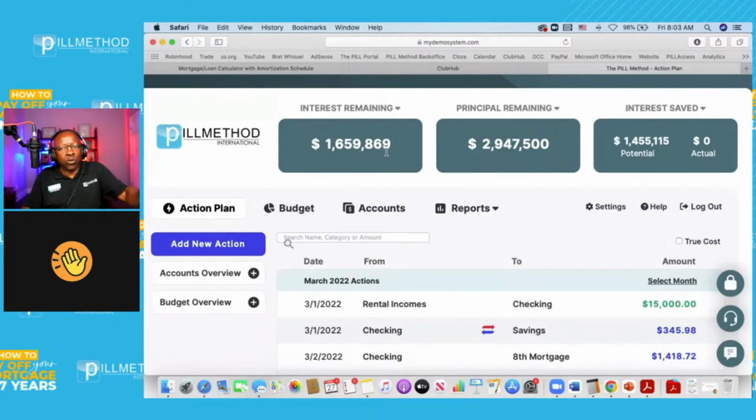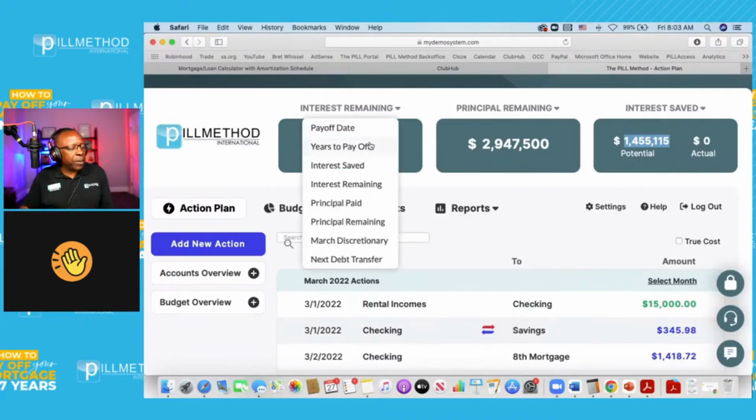That's how much interest we're going to pay with this program. But here's how much interest we're going to save: $1,455,115. So the total amount of interest that the bank wanted us to pay was like $3 million. But we're only going to pay $1,600,000. That's $1,455,000 saved by knowing exactly what to do.